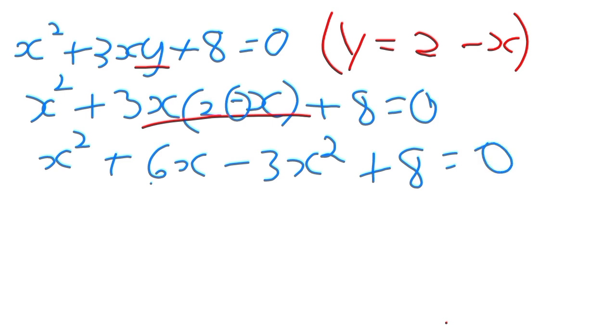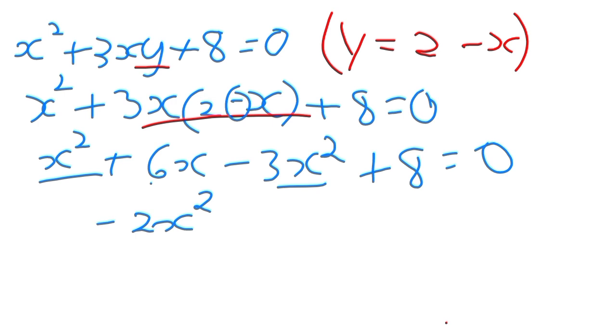So here you're just going to add the like terms and subtract the like terms. We can see already it's a quadratic equation which we will factorize. So these ones are the like terms: x squared minus 3x squared. We get 2x squared, but that is negative because our 3 here is negative.